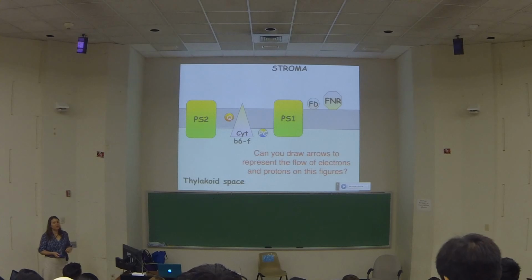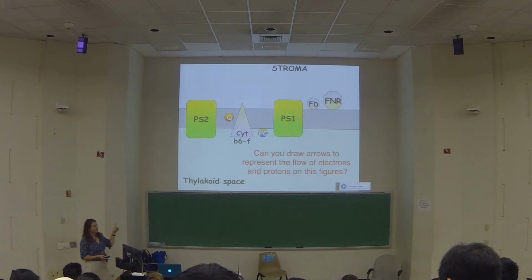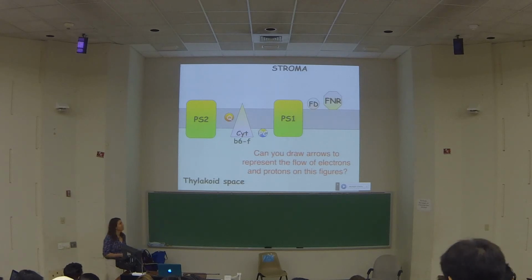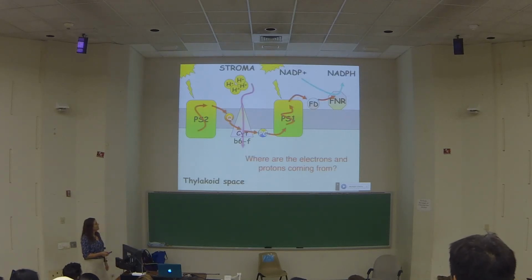Where do the electrons start? PS2. Where do they end up? PS1, to the NADP reductase. What we haven't talked about yet is that it's cytochrome b that's moving protons.